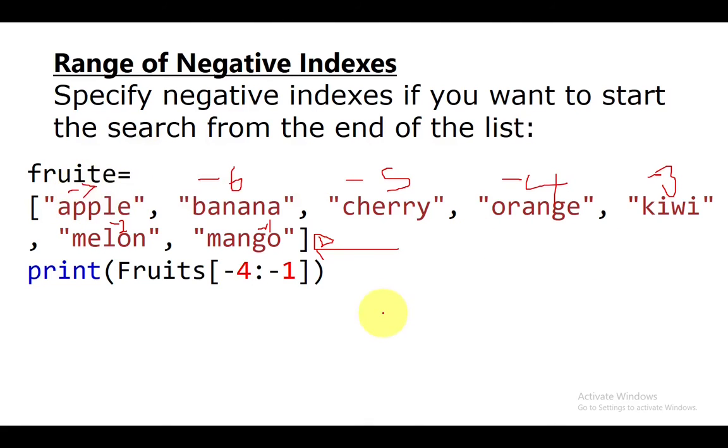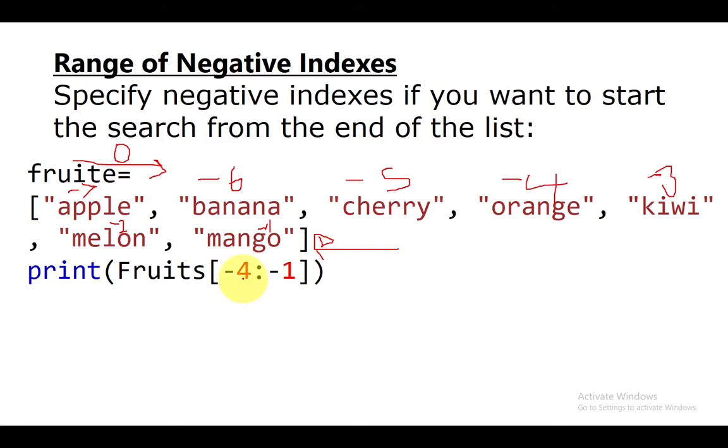That's counting from the back. But if we are counting from the front, we'll start from 0. The index number starts from 0, counting from the front. Counting from the back is a minus.